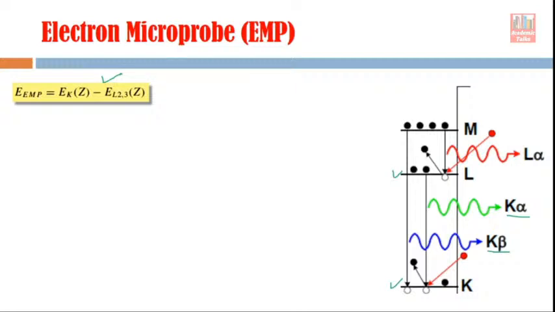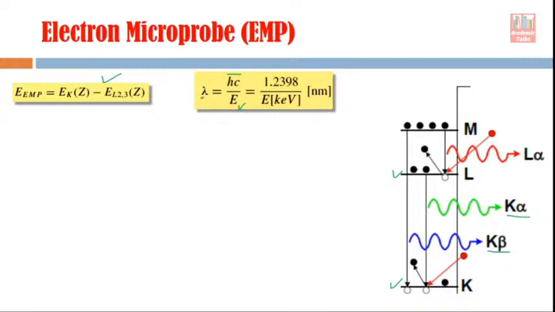Now many times instead of energy we talk in terms of wavelength. So if we want to find out the wavelength of the X-rays, that also is possible. We can do it with the help of this formula. This is the formula which you have studied in your school physics. So once you know the energy, all this is constant. So just put the energy value here and you can find out the wavelength of the X-rays which come out of the material.